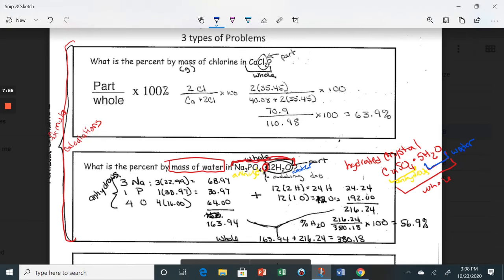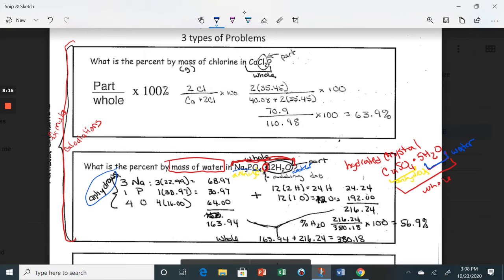Now, how I do it, guys, is I split it into anhydrous and just the water. So on this part of the notes is the anhydrous: 3 sodiums, 1 phosphorus, 4 oxygens from this formula. Find the mass. On the other side, I have 12 waters. Now, there's 2 ways to do this.